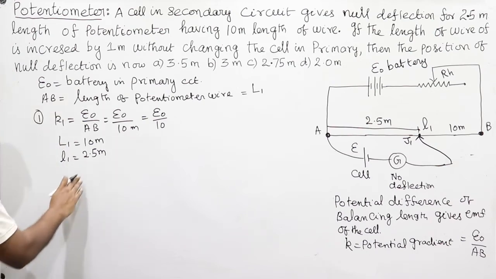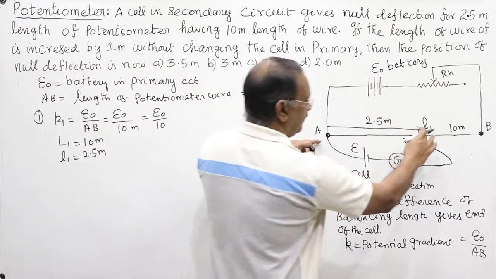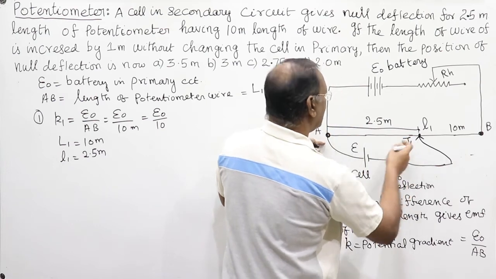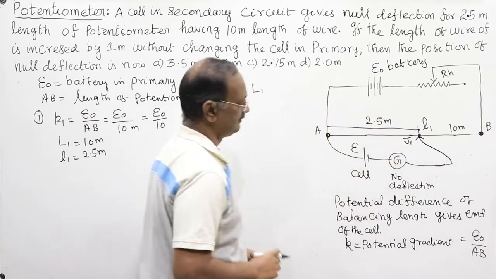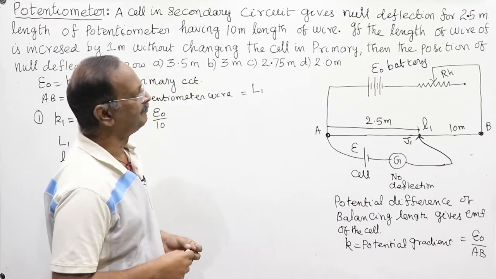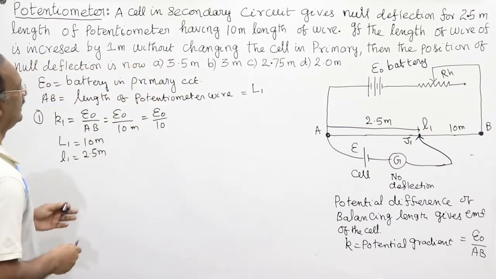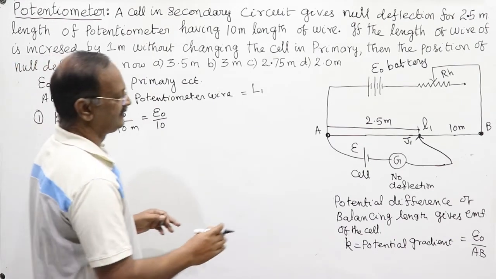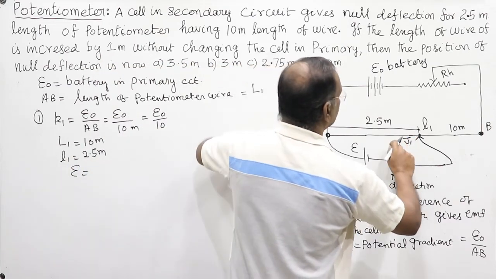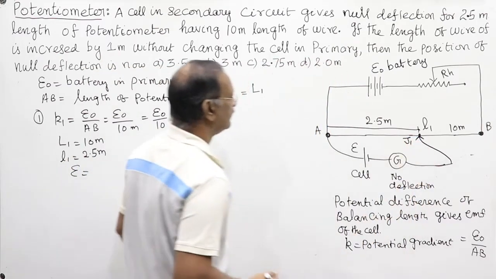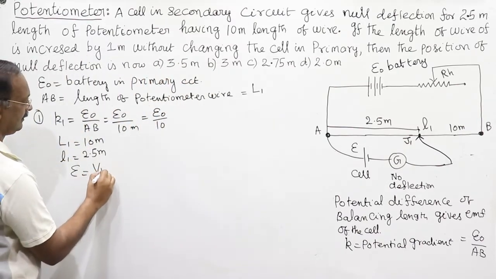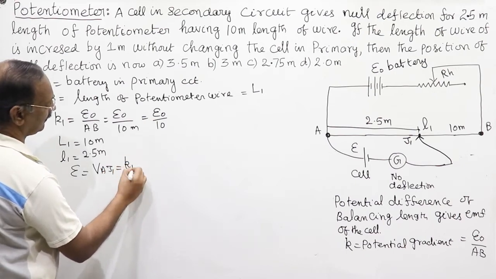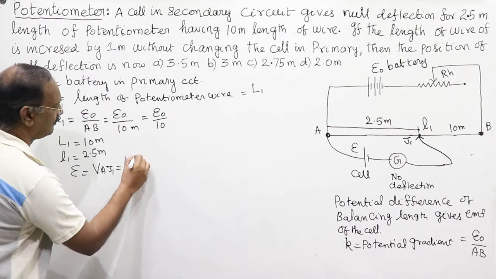So with this we can now write. At the null point position, the potential drop across this wire gives the EMF of the cell. This we have already seen from the principles of the potentiometer. So the EMF of the cell is equal to the potential V A J1, which is K1 into L1.